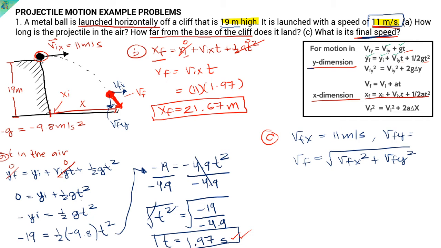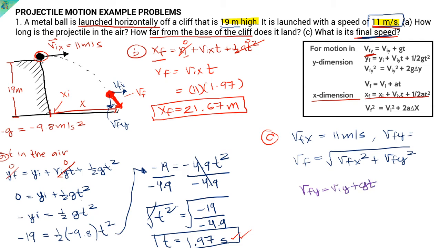We obviously would have to look at our formula here at the top. And we actually have a formula searching directly for Vfy. That is the first formula here. And so we write it down because obviously that's what we're going to use. So Vfy is equal to Viy plus gt.